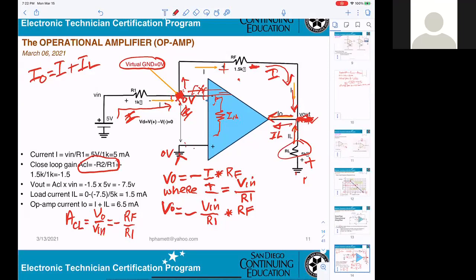One question. When you measure V out, turn on your mic. When you measure the V out, you put the black lead at ground and you put the red lead where the V out is. Is that correct? Correct. But you'll be measuring across that resistor RL.